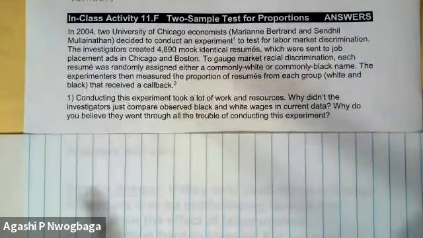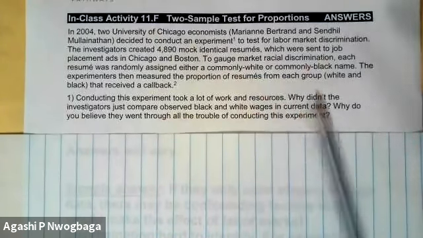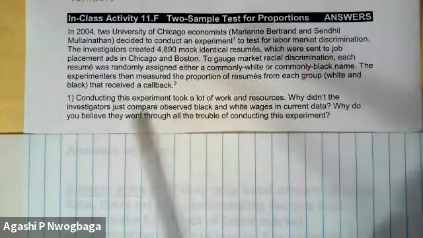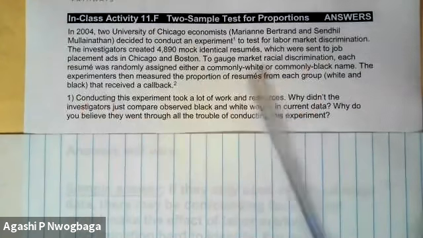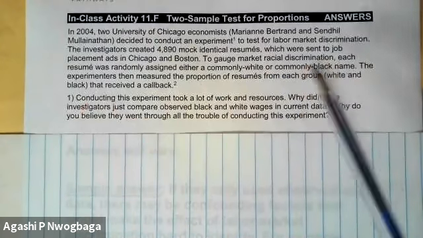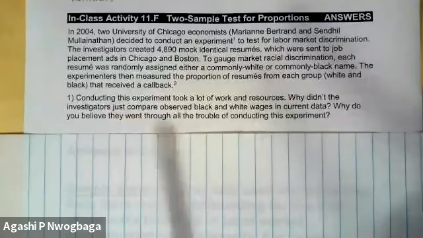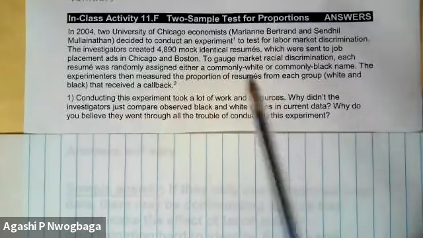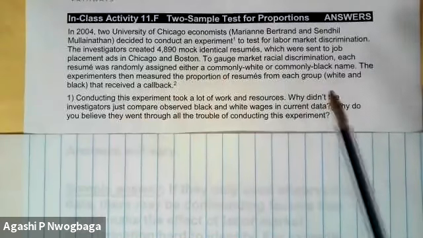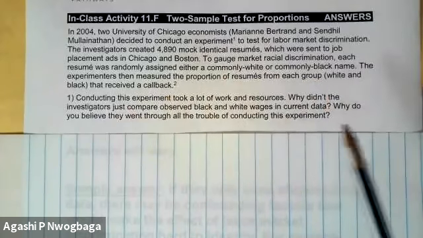In 2004, 2 University of Chicago economists, Marianne Bertrand and Sendhil Mullainathan, decided to conduct an experiment to test for labor market discrimination. The investigators created 4,890 mock identical resumes, which were sent to job placement ads in Chicago and Boston.